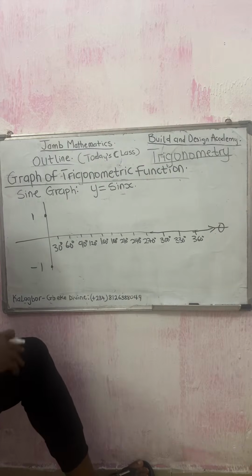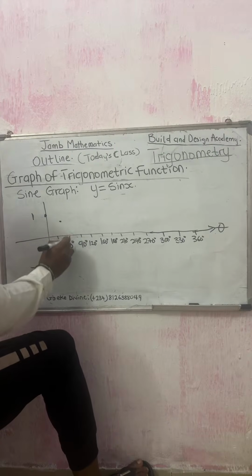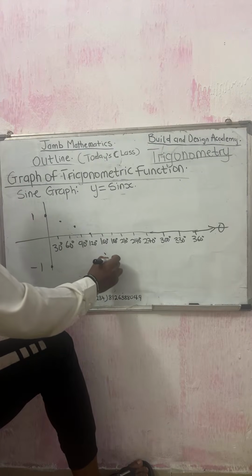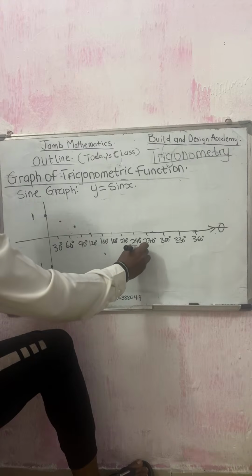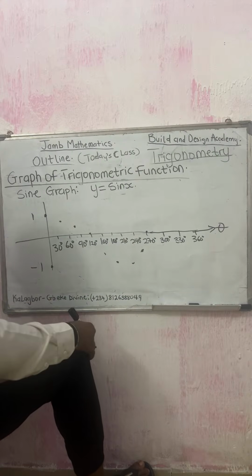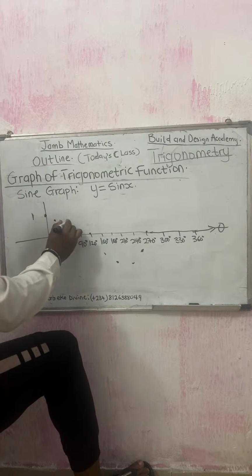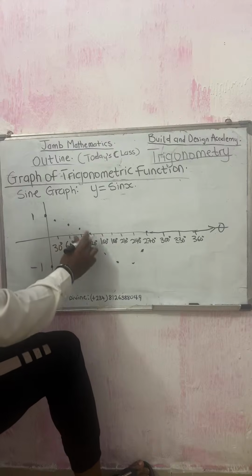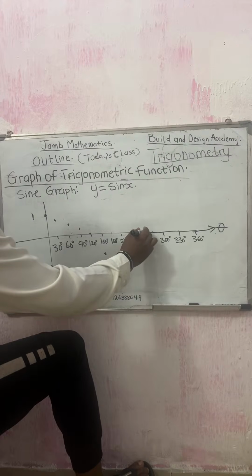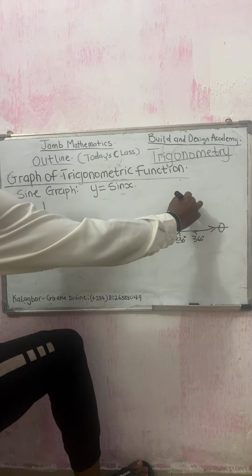Now this graph will go like this. You have different points to plot. Under 30 you have a point, under 60 you have a point, under 90, under 120, 150, 180, 210, 240, 270, 300, 330, and under 360.